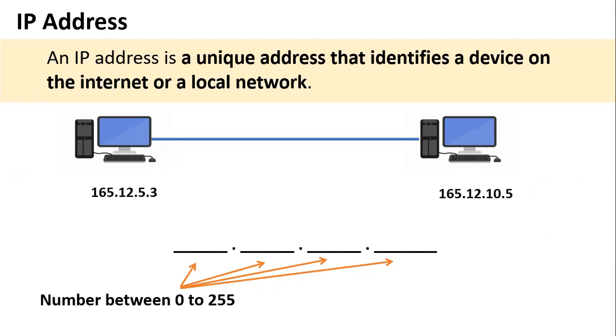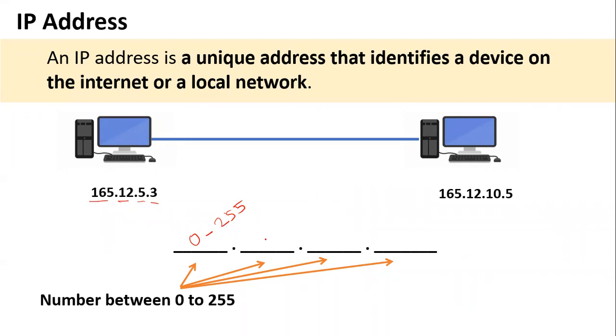An IP address is a number with 4 components or parts, right? In this IP address, each number must be between 0 and 255. About this IP address we have learned earlier in your first year. I don't know whether you remember that or not.